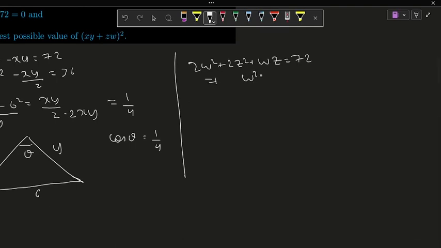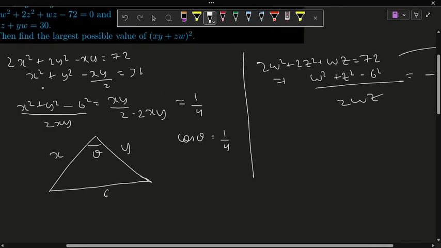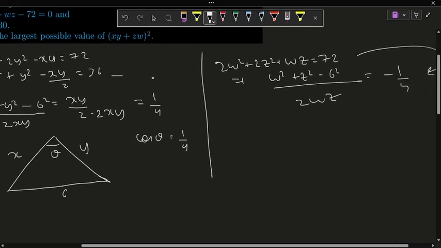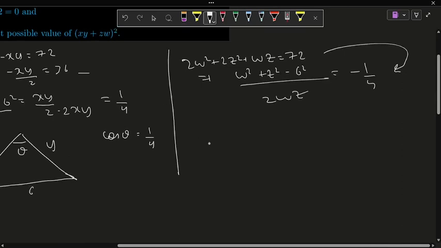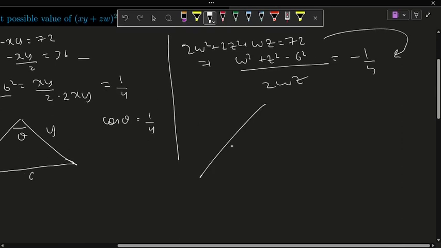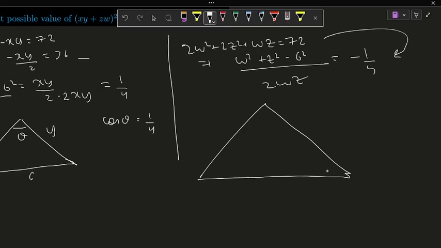We can write it as (w squared plus z squared minus 6 squared) upon 2wz is equal to minus 1 by 4. You can just add one more step like here, but I have just skipped that part. So this can be converted into a triangle something like this. This side will be 6, this will be w, this will be z, and let this angle be alpha, such that cos of alpha is minus 1 by 4.